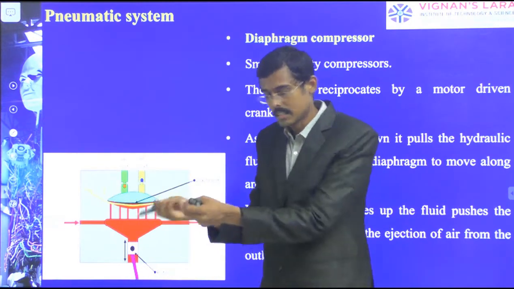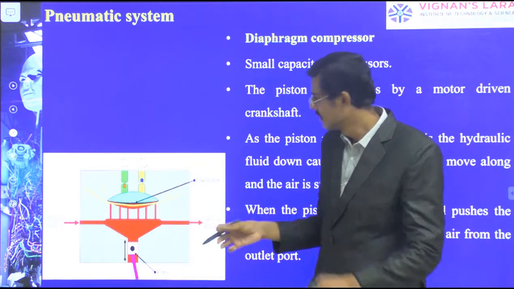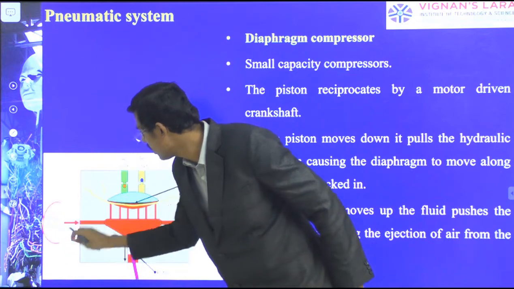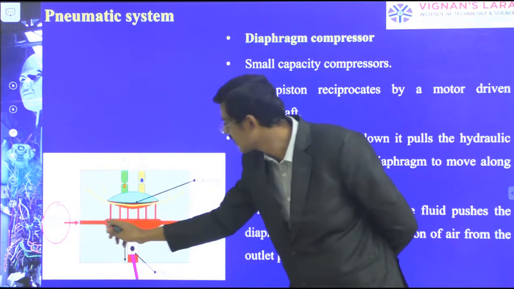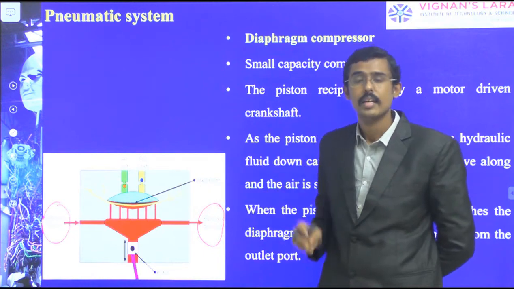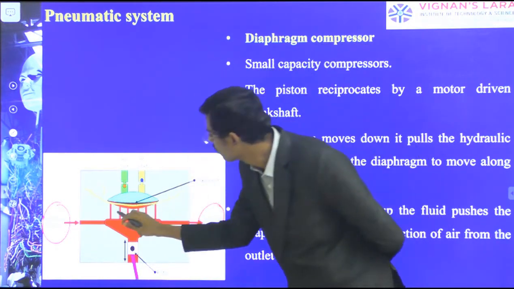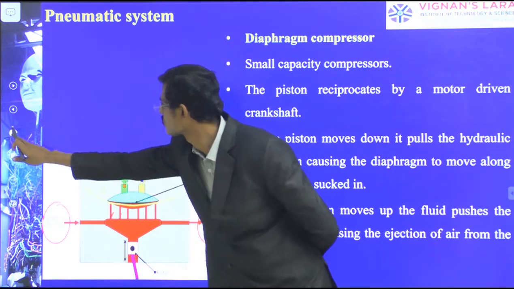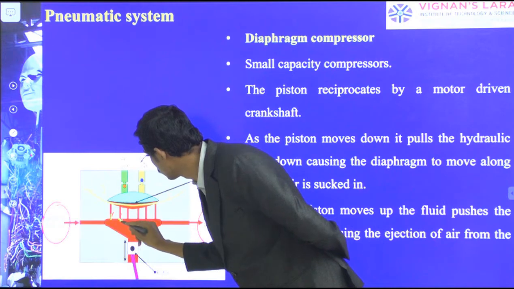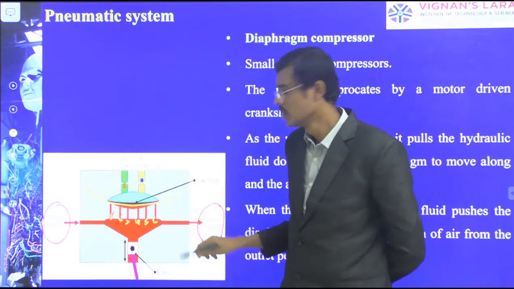Okay, so we understand. I have a setup with the inlet of hydraulic fluid in this direction, and the hydraulic fluid is going to be taken out here. In between, I have several ports: port 1, port 2, port 3, port 4, port 5, port 6.